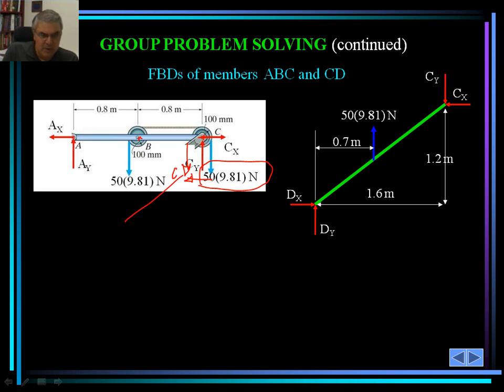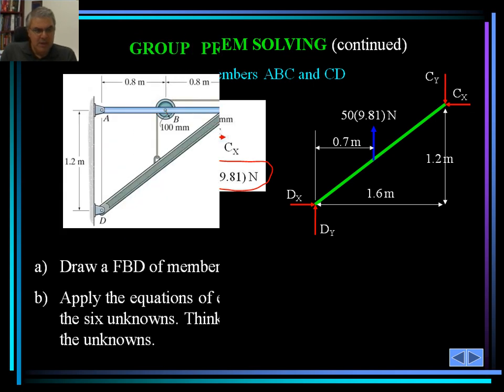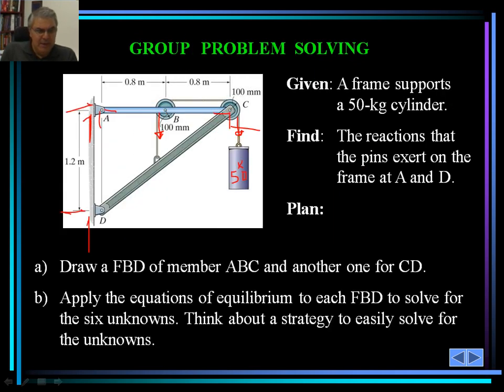This is just below the point C, the continuation of the frame that carries it down to point D. Then at point D, we are going to have D sub X and D sub Y, 2 of them in that direction. Let's look at the problem again.